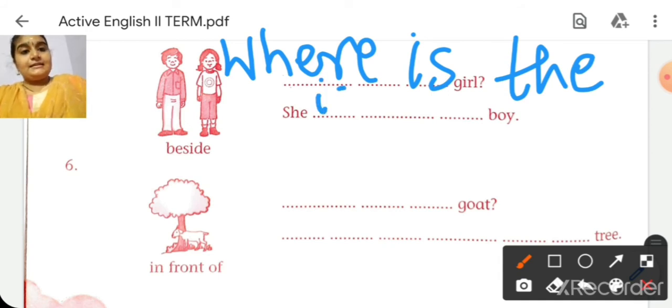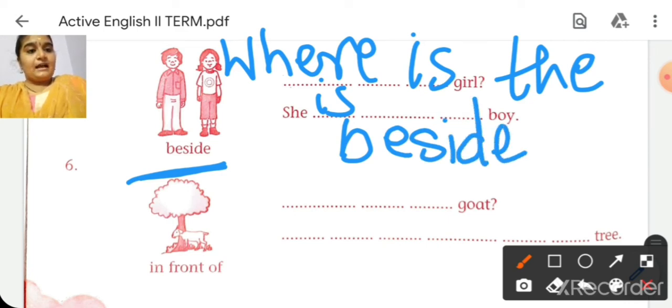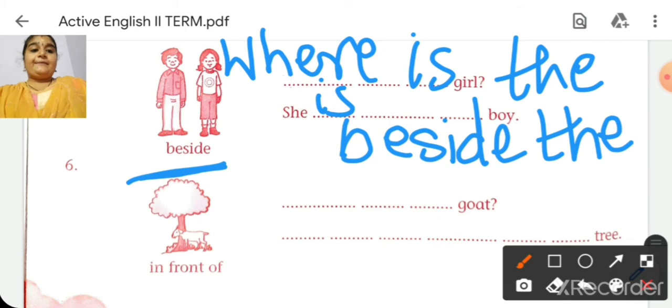She is beside. See to the spelling, okay? B-E-S-I-D-E. Beside the boy. She is beside the boy. Next one.